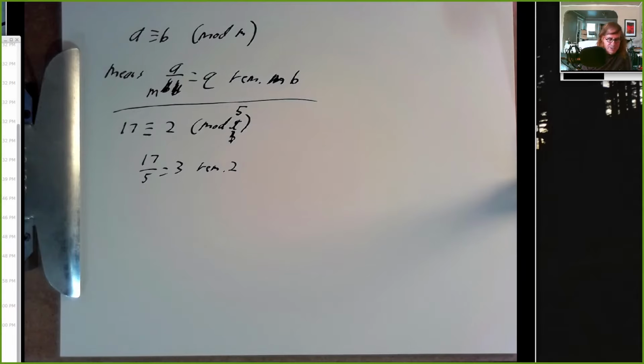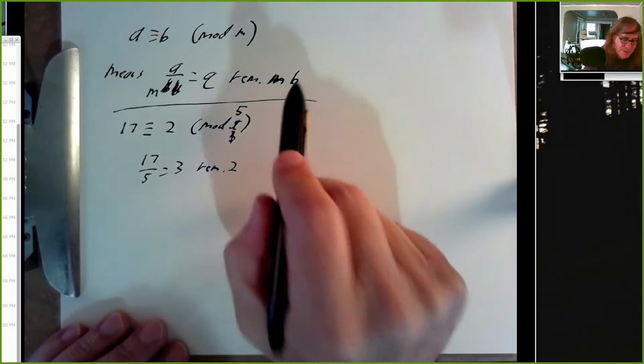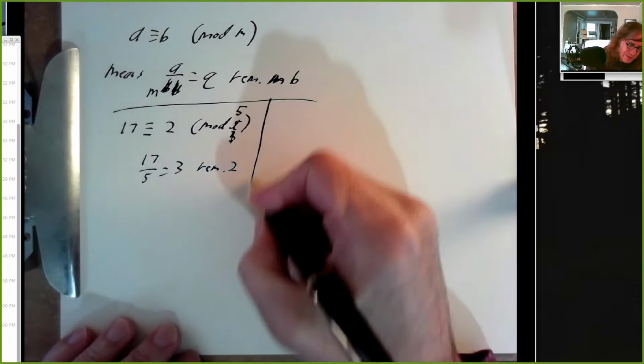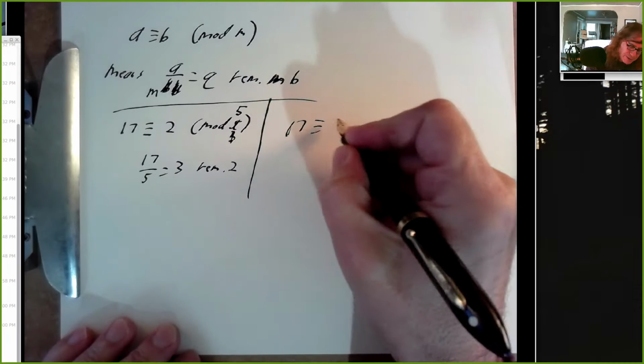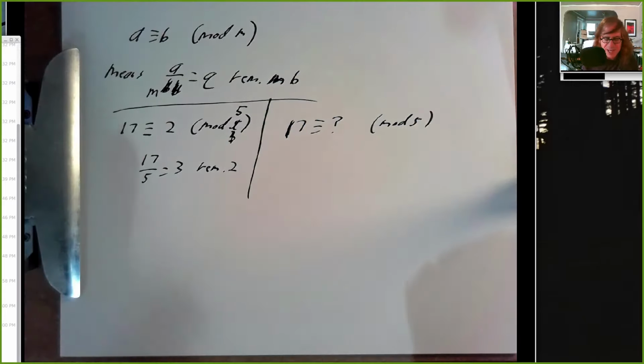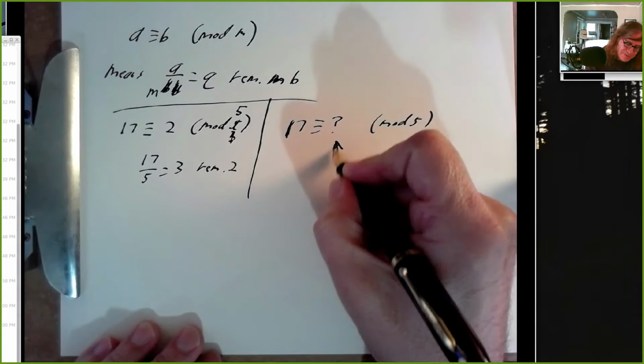All right. So A congruent to B mod M means if you take A and divide it by M, you get B left over. And on homework questions or test questions, if I ask you something like, 17 is congruent to what modulo 5, the understanding is I'm looking for a number bigger than or equal to 0 and less than 5.